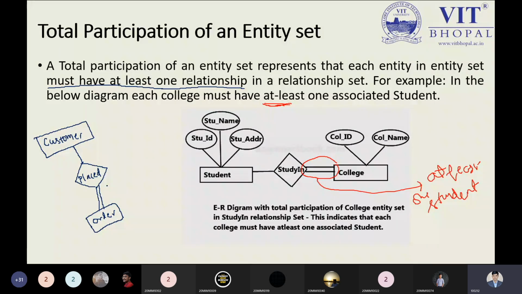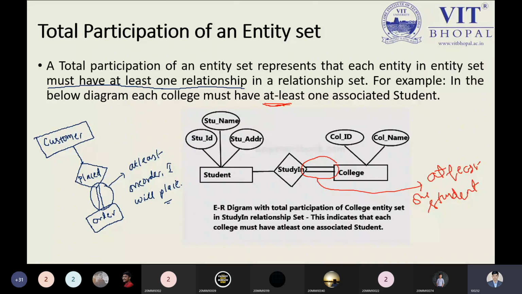I'm marking it in the circle. It means at least one order I will place. So this is total participation: at least one. This is my point.